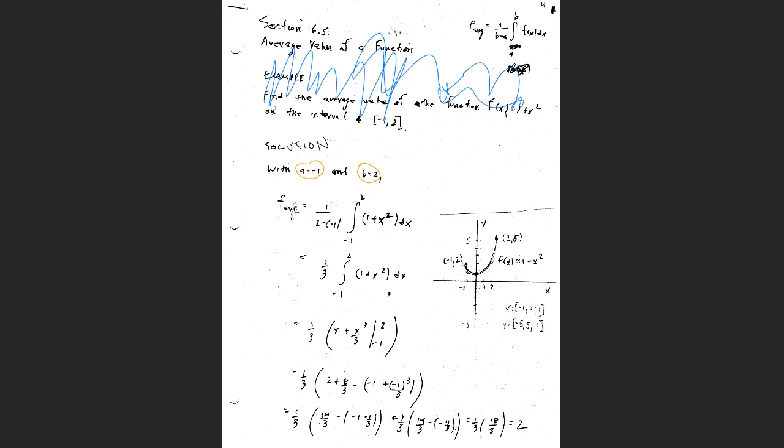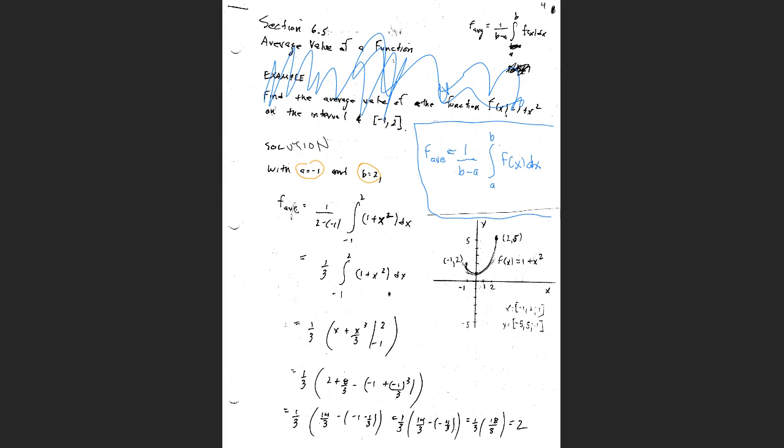Now, the formula for the average value of a function, which is there in section 6.5: f sub average equals 1 over b minus a times the integral from a to b of f of x dx.